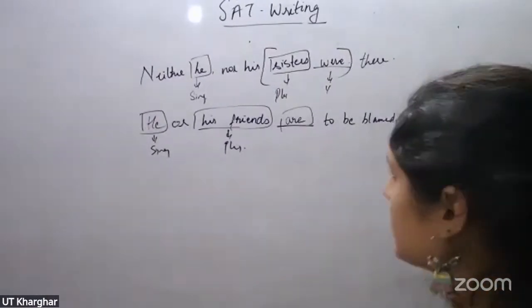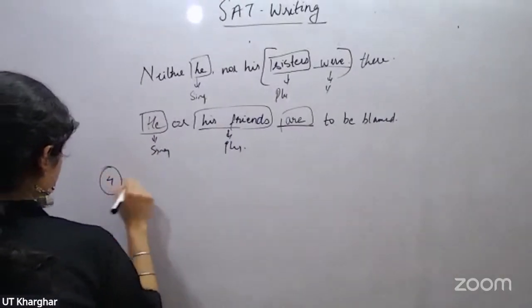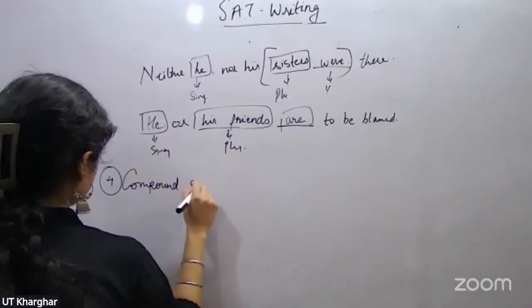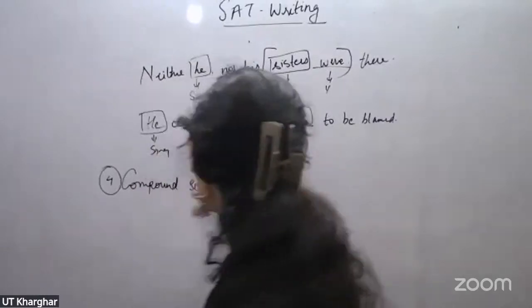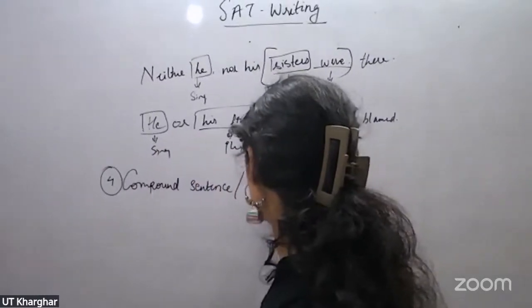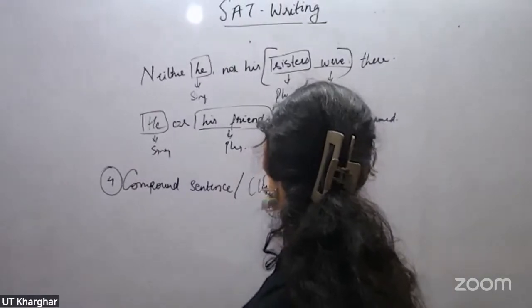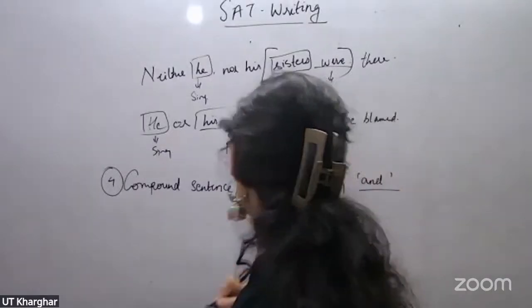Now, let us look at this. So, this is rule number 4. Rule number 4 has compound sentences or the clauses that are joined by and. Okay.